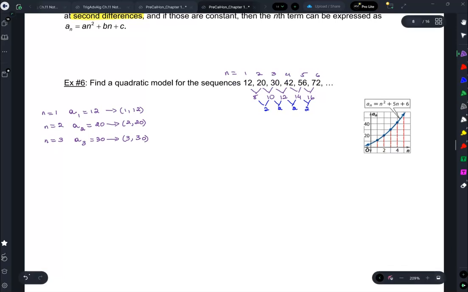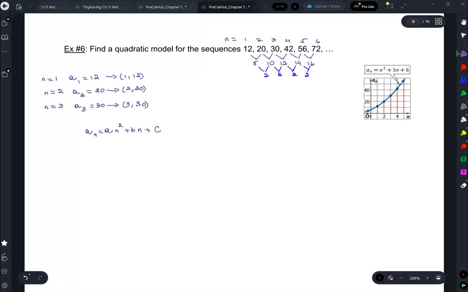Okay. We want a quadratic function in the form a sub n is an squared plus bn plus c. Okay? So, here, these are your n's. These are your a sub n's. We've done this before in chapter 6.